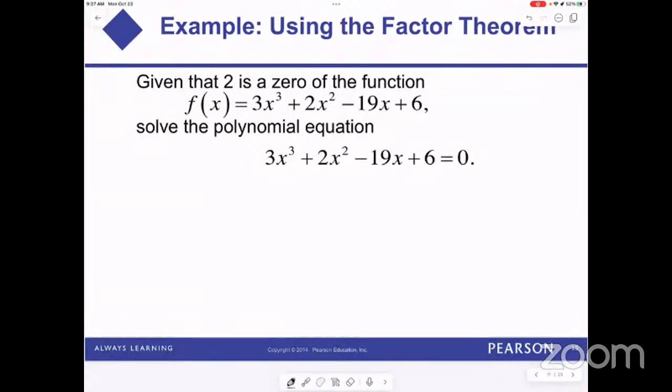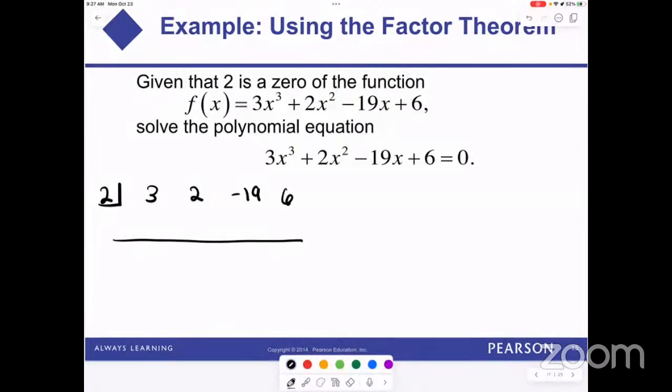So if 2 is a 0, that means when we put it in the synthetic division, we should get a remainder of 0. We get 3, 2, negative 19, and 6. Powers 3, 2, 1, 0, so every power is accounted for, so we don't need any placeholders. Again, the first number just comes down.